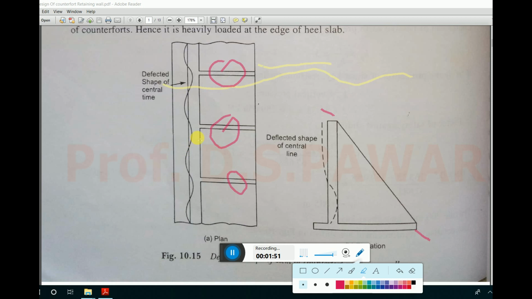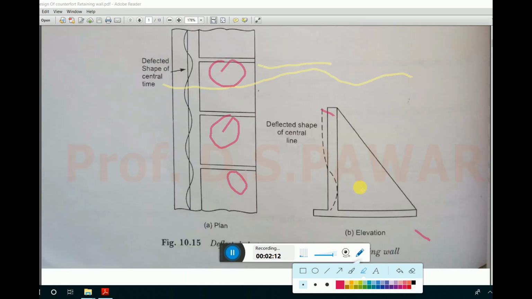So here you can see the deflected shape. Last lecture we have seen how to design the stem of a cantilever retaining wall. Here the change is in the design of stem and design of heel slab. Design of toe slab remains the same, but only the design of stem slab and heel slab changes.